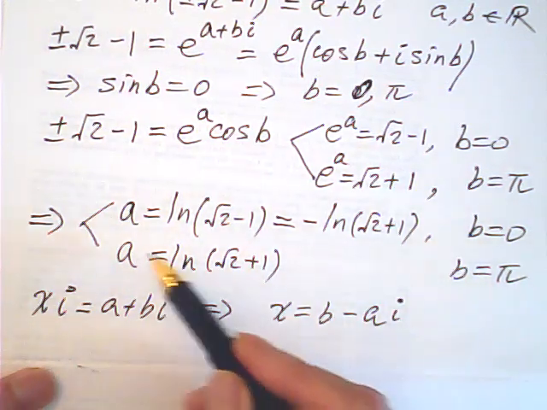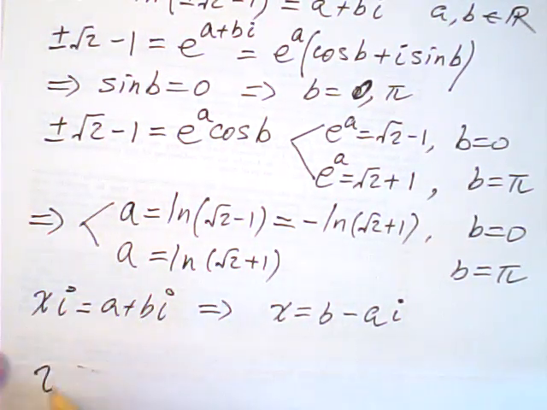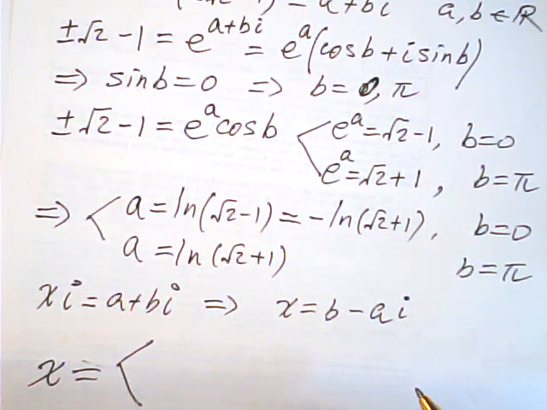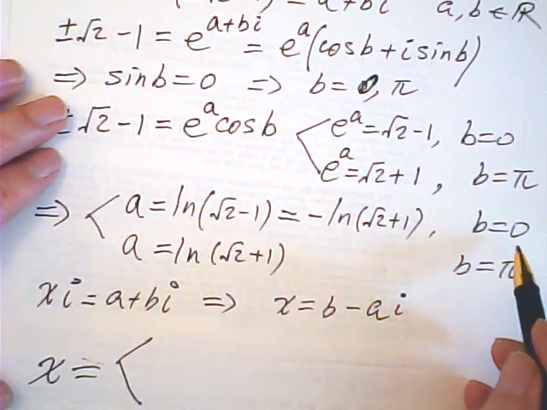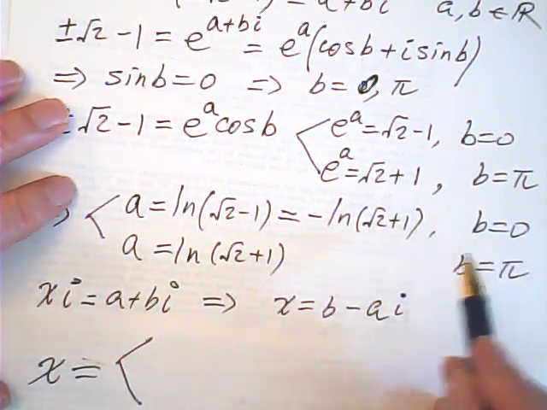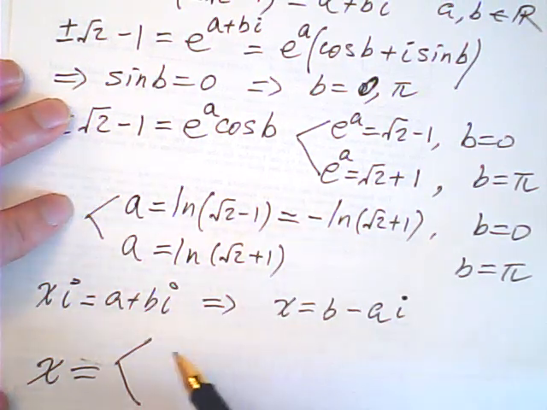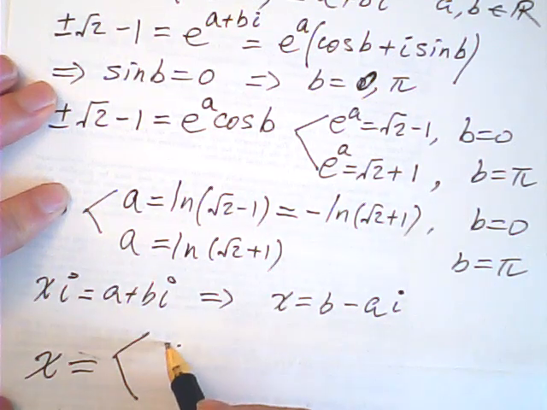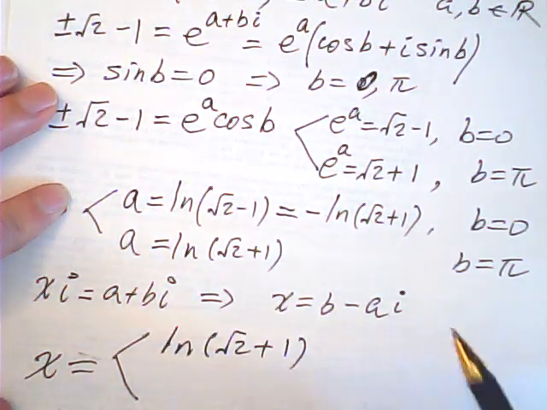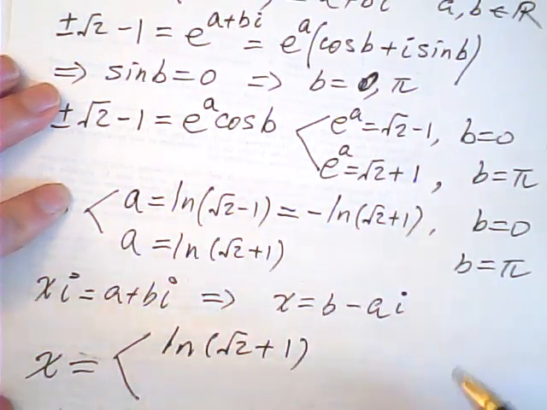Now we know b, we know a, right? So x, the two cases. When b equals 0, a is this. So x equals natural log root 2 plus 1, right? Negative that becomes positive.